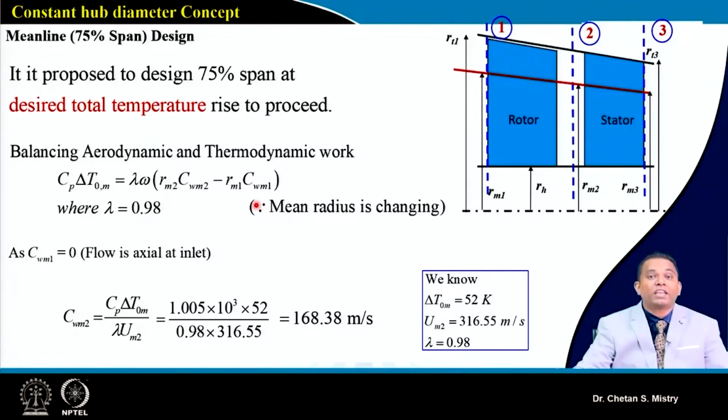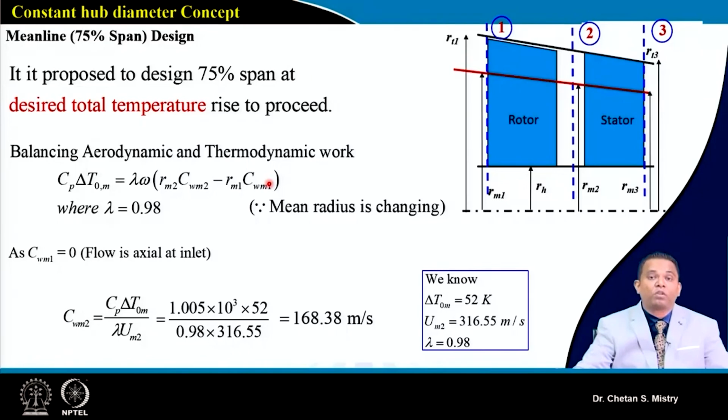But here in this case our radius is different, and that is the reason we are writing R into omega minus R into omega at the entry station, and we will be putting this as lambda into omega, R CW2 minus R CW1.